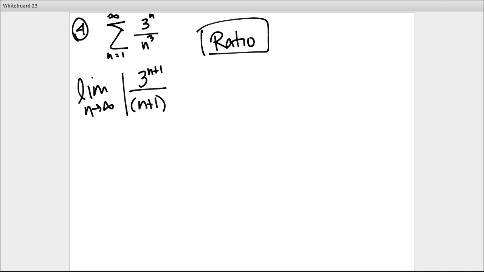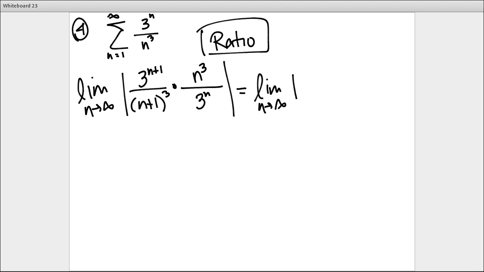Limit as n goes to infinity of the n plus 1th term, 3 to the n plus 1 over n plus 1 cubed. And then you're dividing by the nth term, so you multiply by the reciprocal. The n cubes, as n goes to infinity, end up being 1.